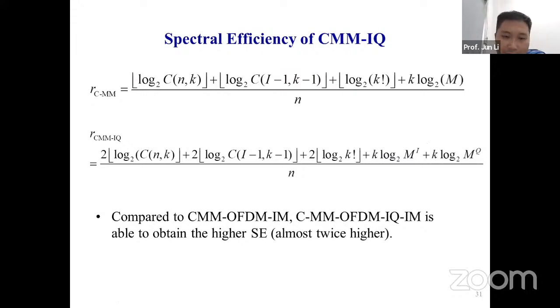If the number of subcarriers is large enough, and the total energy is large enough, then the composite multiple mode IQIM is able to get 2 times higher spectral efficiency than the conventional composite multiple mode IM.